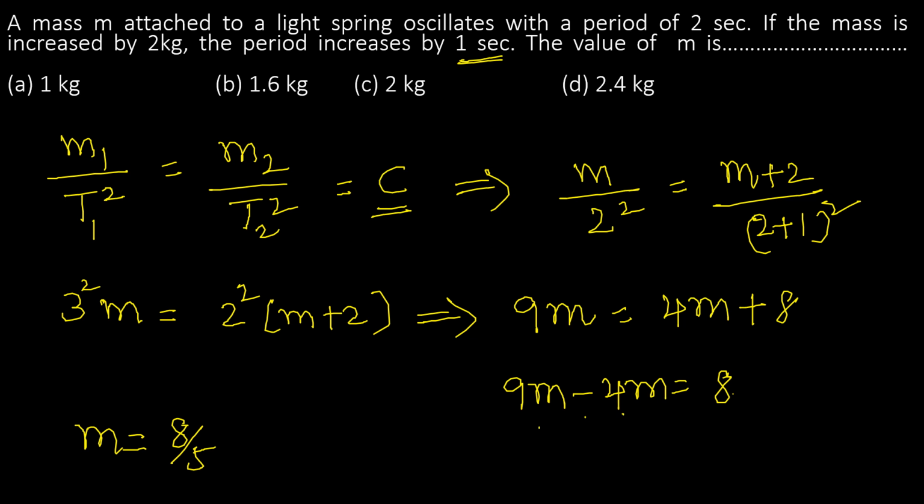So 5m is equal to 8, where m is equal to 8 by 5, that is equal to 1.6 kg. So the correct answer is option B, 1.6 kg.